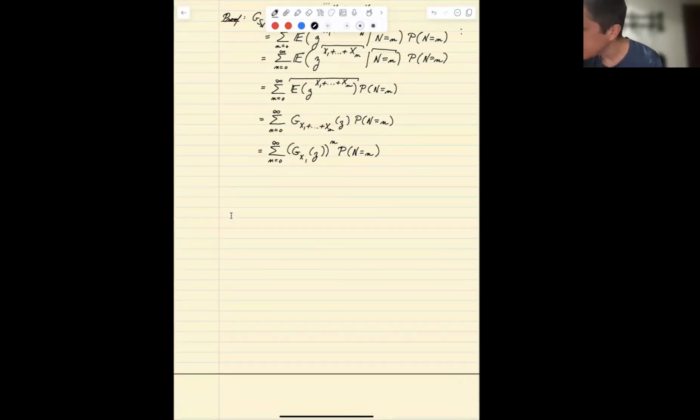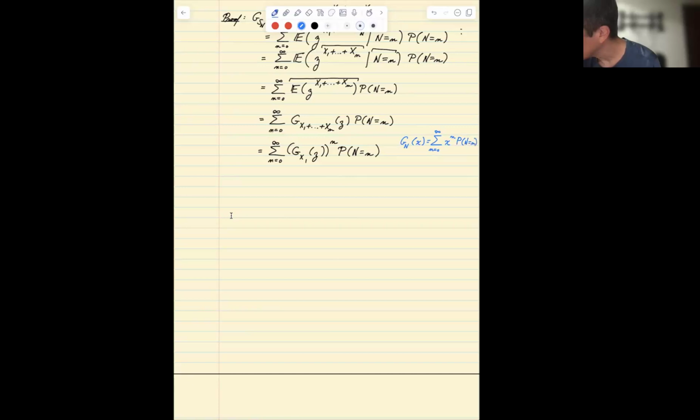Well, what is the generating function of N? Let me write it with an argument x. Well, this is just the definition. I'm not doing anything fancy here. It's the sum from n equals 0 to infinity, x to the n, probability that N is equal to n.